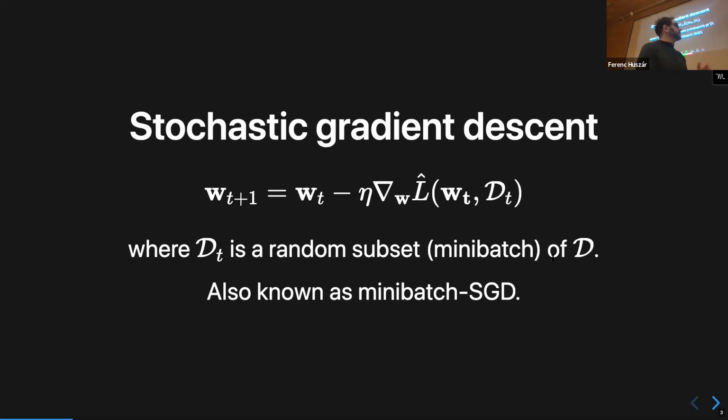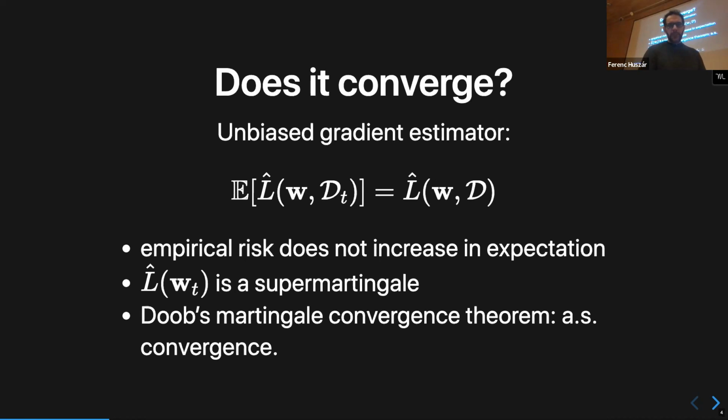And for all of these practical considerations, we have been doing this forever in deep learning. So the first question that you might want to ask about this algorithm: does it converge? The same way as gradient descent, we know it converges to a local minimum, or maybe it gets stuck in a saddle point in weird cases, but we know that it converges.